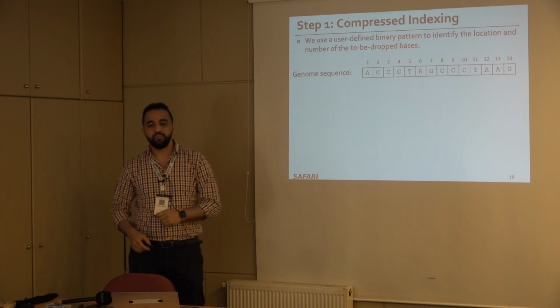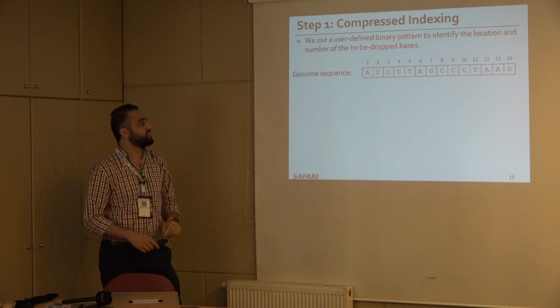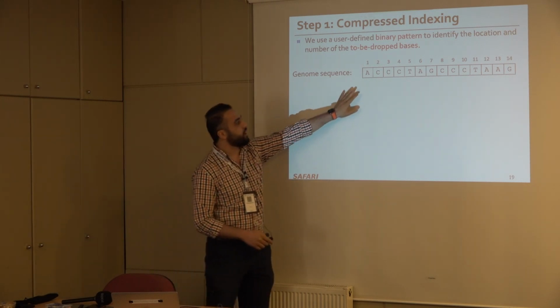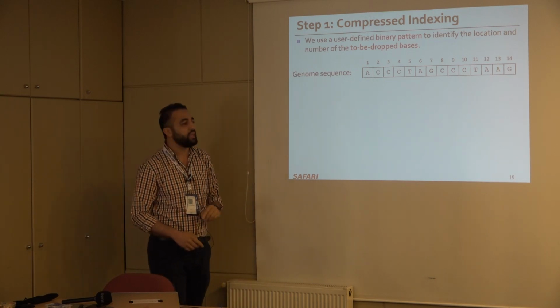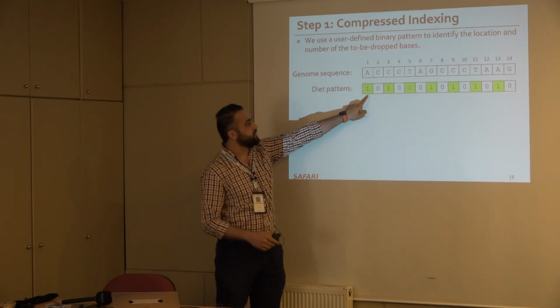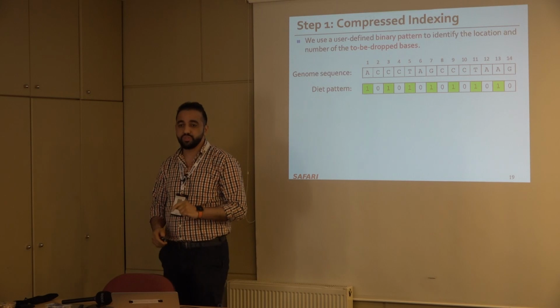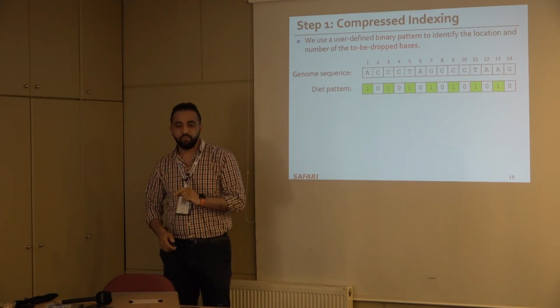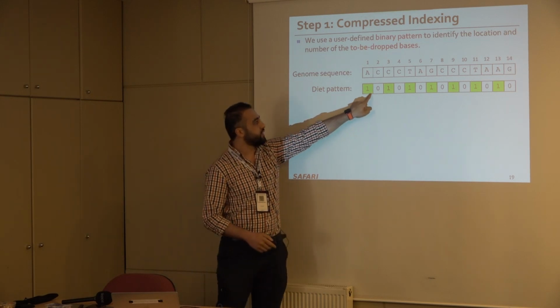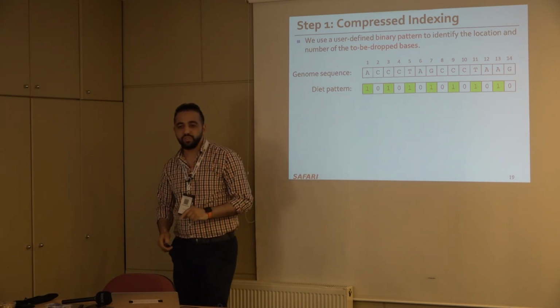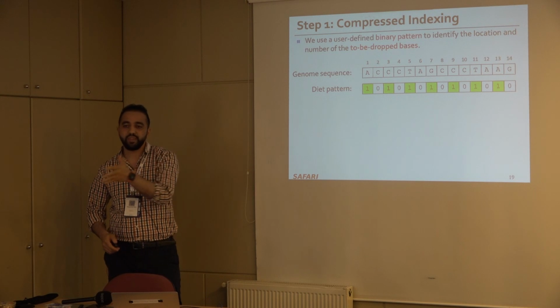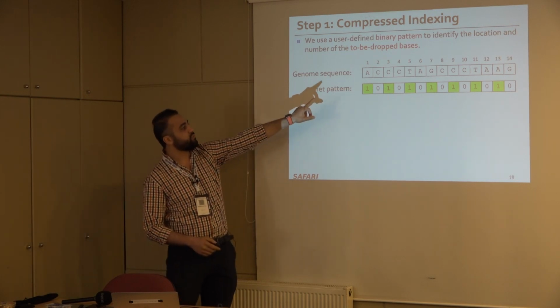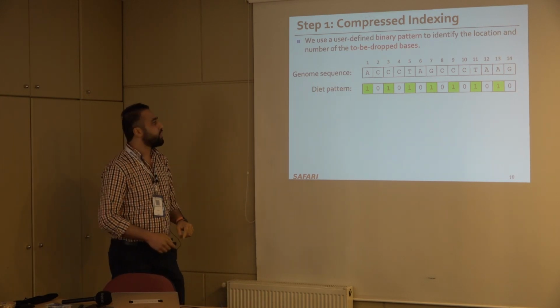What is the first step? As I explained in the example, we would like to get the reference genome, which is something huge, very large, and then we get a pattern that's defined by the user. This should be a minimal repeating pattern, which is 1, 0. That is the only thing provided by the user. And then we repeat that pattern as long as we have more characters in the reference genome.